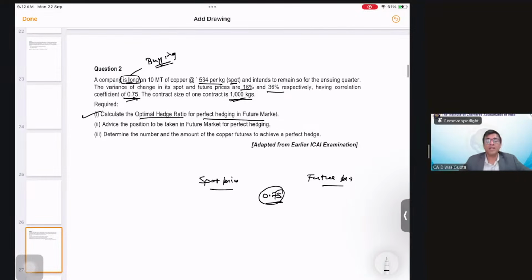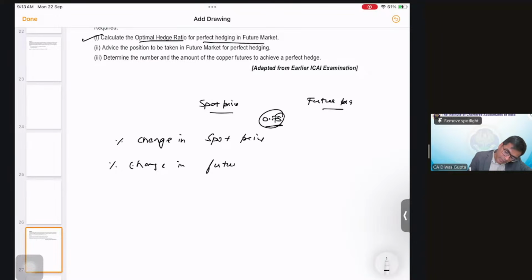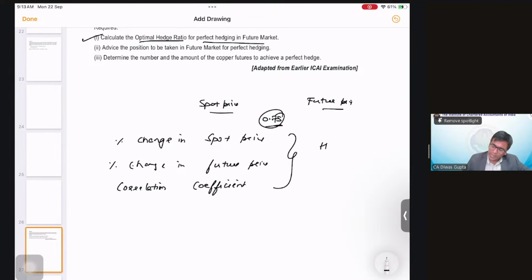Now students, please note that these three elements have been given: one is the percentage change in spot price, the percentage change in future price, and the third one is the correlation coefficient. These three things are used to calculate the hedge ratio.